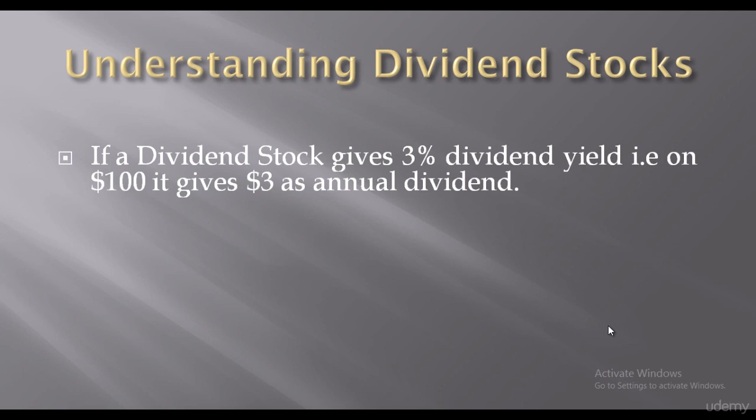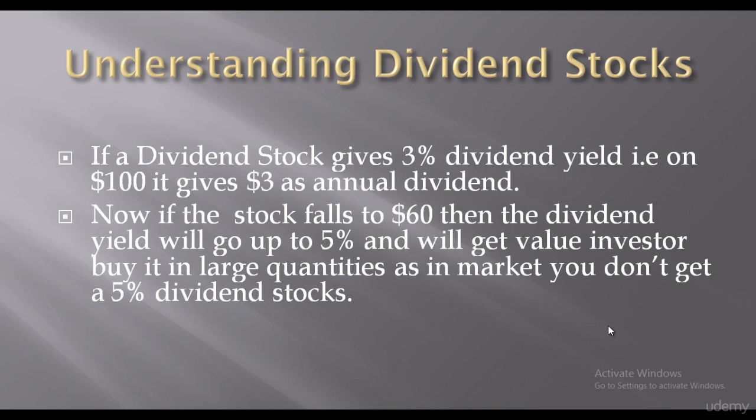Now you need to understand value investing. Now if a dividend stock gives 3% dividend yield, that is on $100, it gives $3 as annual dividends. And if the stock falls to $60, then the dividend yield will go up to 5%, right? Because at $100, $3 dividend meant 3%.